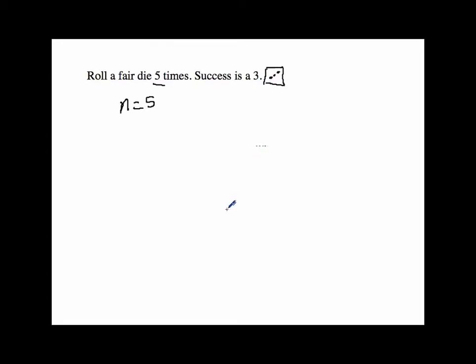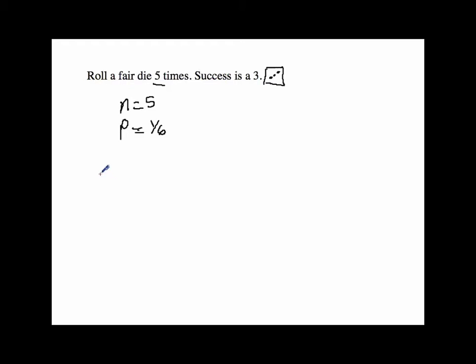So if I get that, then I had a successful event. So what we know is the probability of success, theoretically, or from the model, would be 1/6, okay?